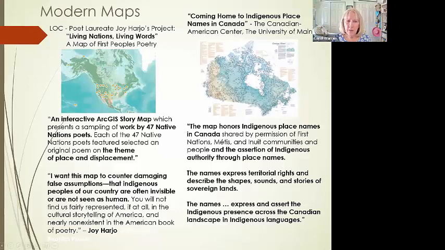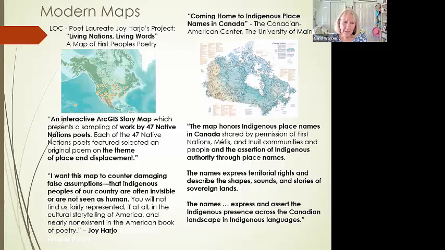Now we also have, in contrast, modern maps that give the Indigenous perspective on sovereignty, place, and displacement. On the left is from the Library of Congress. Poet laureate Joy Harjo has a project titled Living Nations, Living Words, and it's a map of First Peoples poetry.